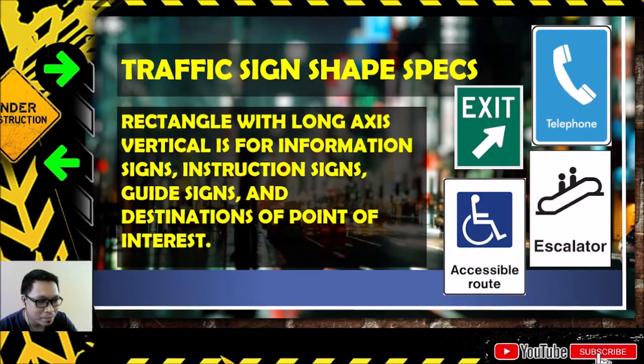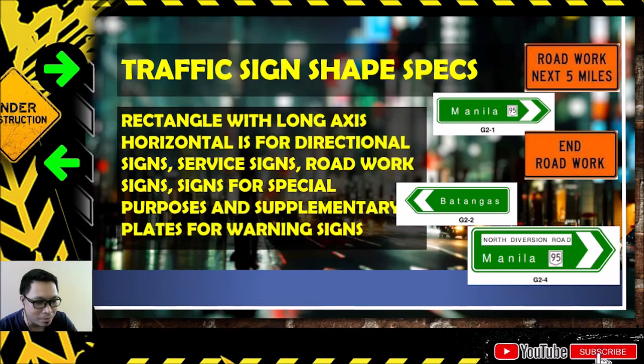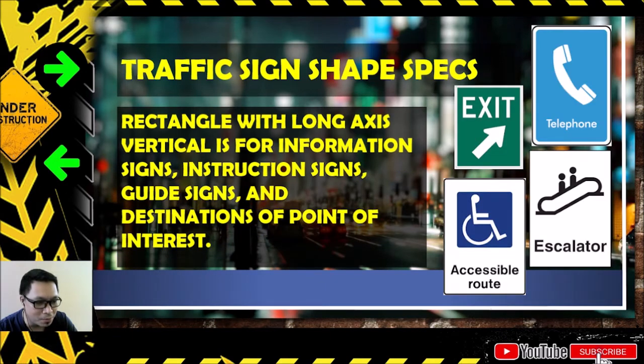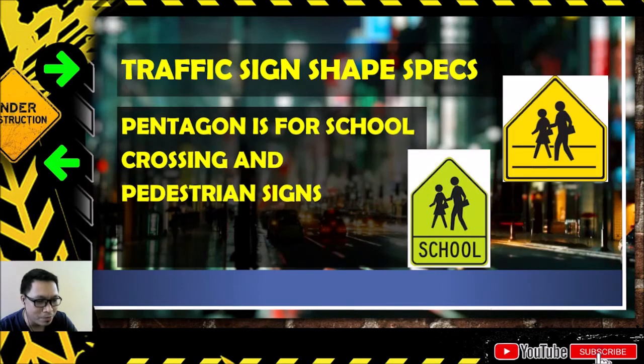Then we have the rectangle. There are 2 types of rectangle: the one with the long axis horizontal, which is the previous one, and the other with the long axis vertical. The vertical is intended for information signs, instruction signs, guide signs, and destinations of points of interest.